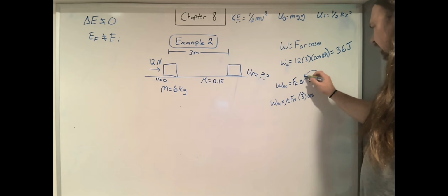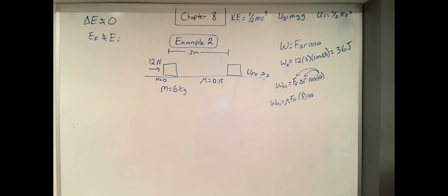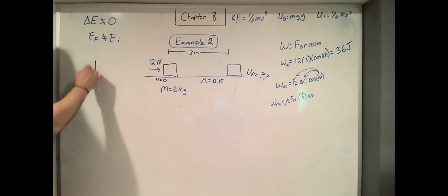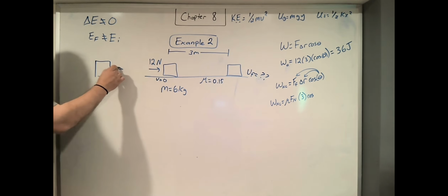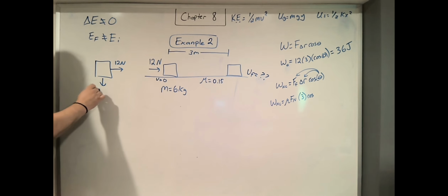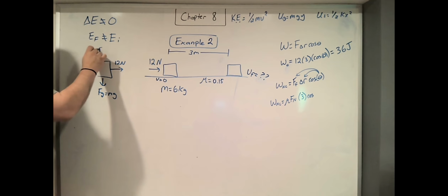And then what's the cosine? So again, this is the angle between this and this. How do I know what the angle between the friction force and the change in r is? Well, for that, we might have to draw up a free body diagram. Okay, so here's our box. We are pushing with 12 newtons of force. There's the gravitational force. There's the normal force.